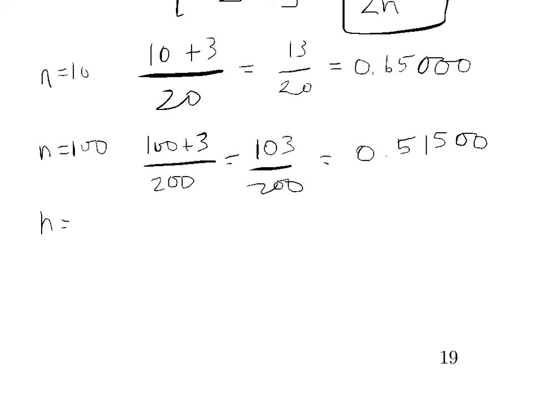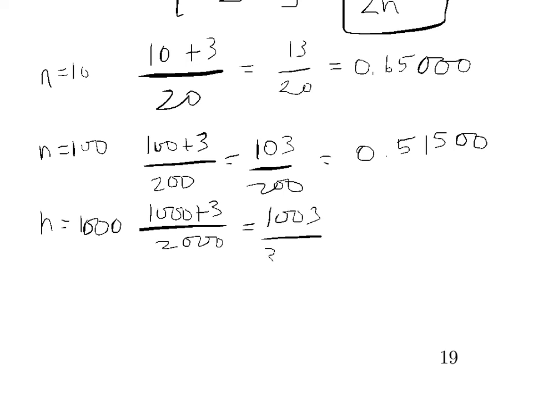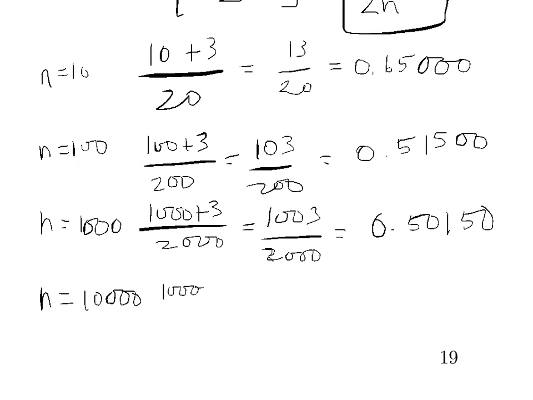For n equals 1,000, it's 1,000 plus 3 over 2,000, so 1,003 over 2,000, which is 0.50150.